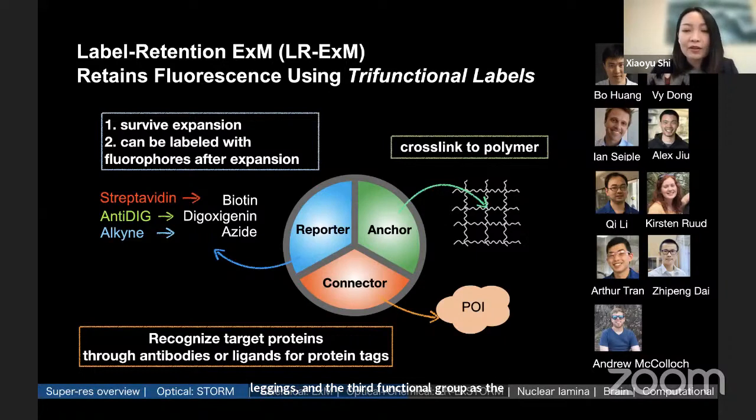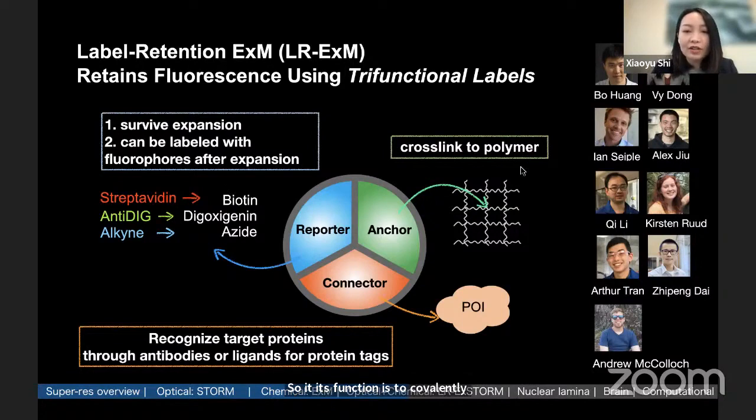And the third functional group is the anchor group, which is the methacrylamide in our case. It functions similar to the acrylamide. It's just stabler than the acrylamide. Methacrylamides will covalently react with the monomer while the gel or the polymer is formed. So its function is to covalently cross-link the probes onto the polymer.